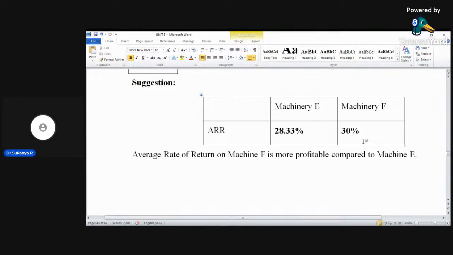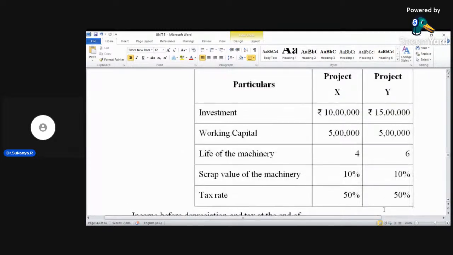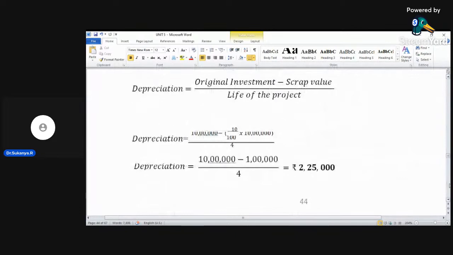Dear students, when it comes to payback period, the lesser the number of years, you should prefer such a product, okay? Because it means you're able to recover that amount within a shorter period of time. But when it comes to ARR method, the higher the percentage of ARR, the project can be preferred. Okay, I hope you're understanding.